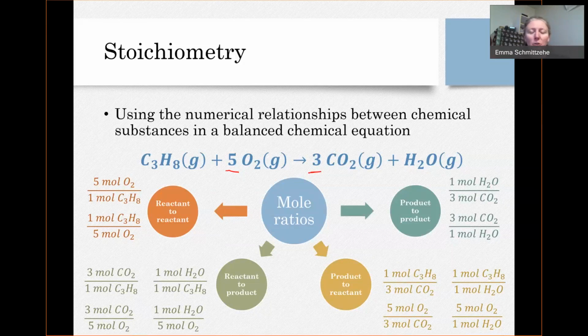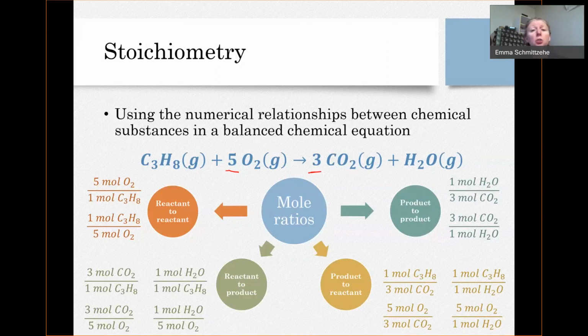And every reaction has its own mole to mole ratios. And those aren't given, but typically you're given a chemical reaction, which may or may not be balanced. You have to be able to balance them. But once you have a balanced chemical equation, you should be able to create all of these ratios. But normally we don't just write them all down. Normally we have some goal in mind.